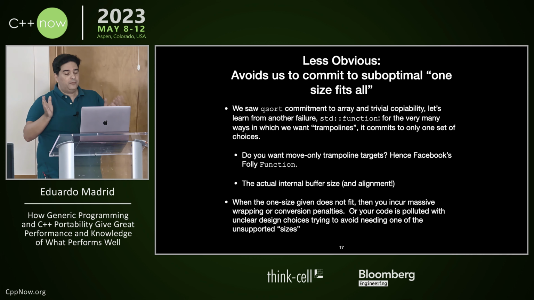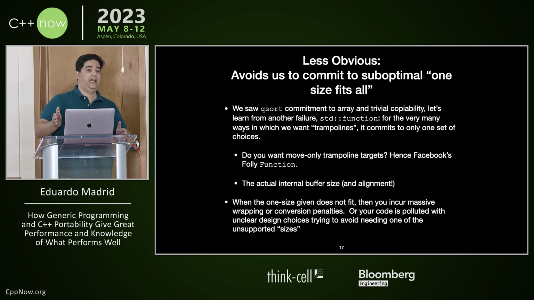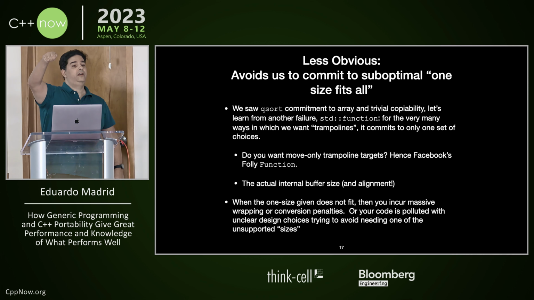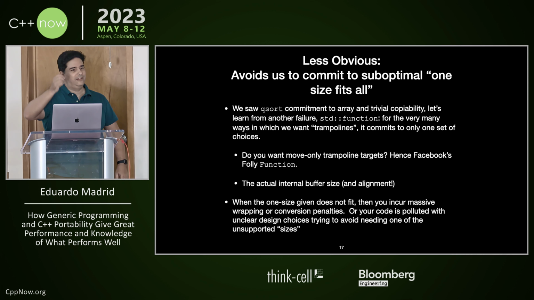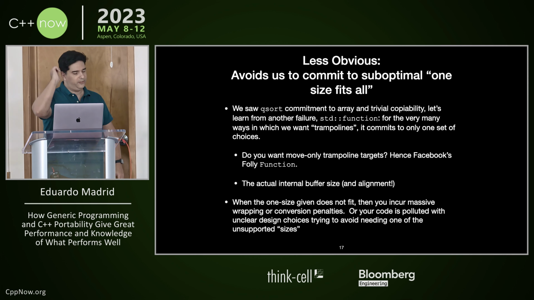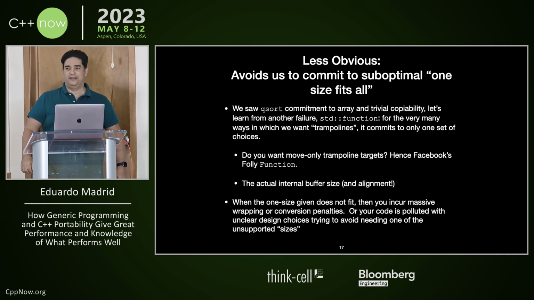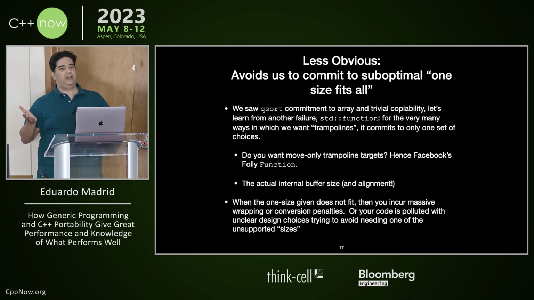Do we agree with that? Well, there is absolutely no way to express that with the design of a standard function that we have today, okay? You cannot tell it, I want my internal buffer the size of, say, 48 bytes, because I know that all of the targets are going to be at most 48 bytes in size. And then what are you going to do?